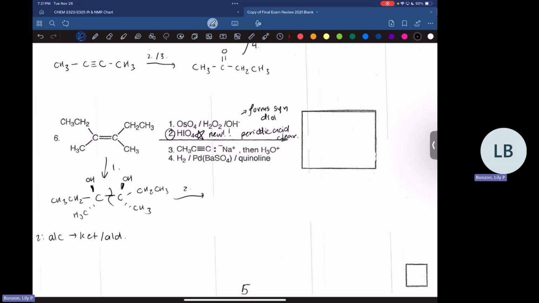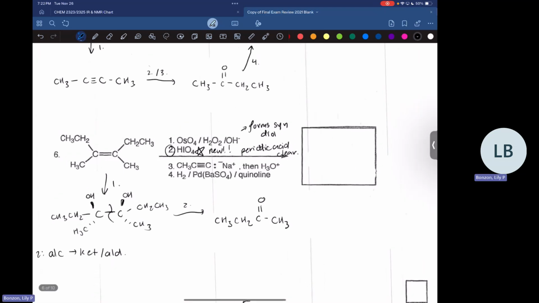So because the carbons with the alcohols have 2 other carbon groups on them, we're going to form a ketone. And you'll see if we split the molecule, it's going to be symmetric, so you only have to draw one, you don't have to draw both.